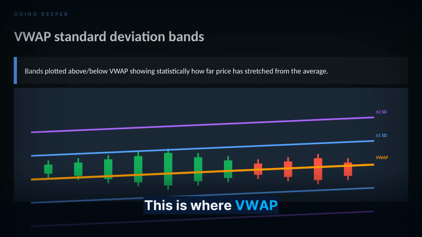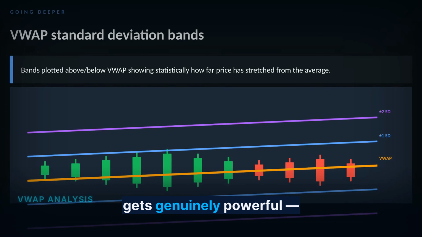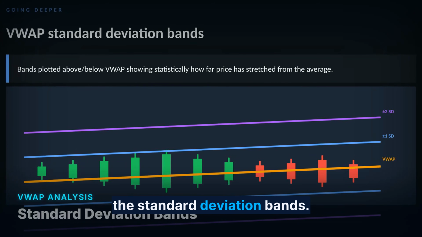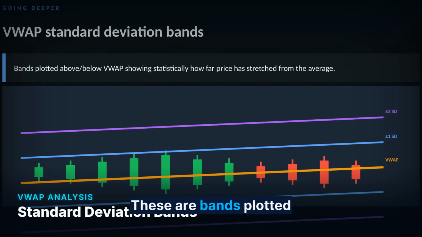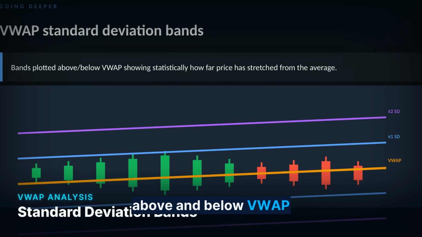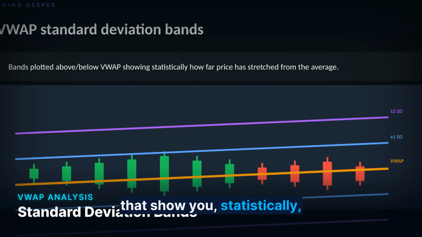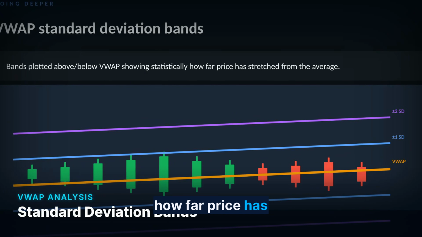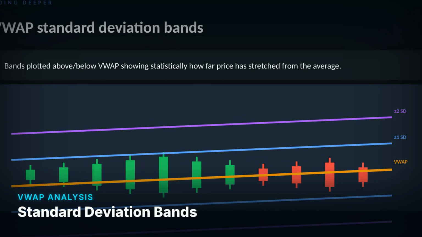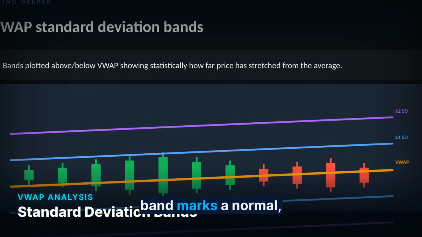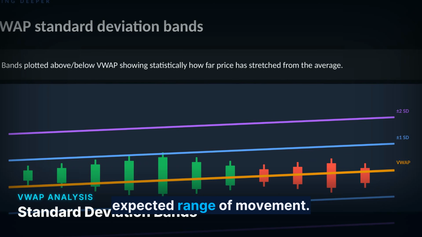This is where VWAP gets genuinely powerful, the standard deviation bands. These are bands plotted above and below VWAP that show you statistically how far price has stretched away from the average. The first standard deviation band marks a normal, expected range of movement.